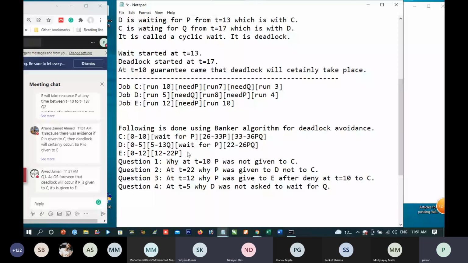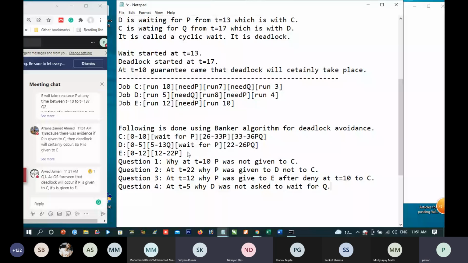Q is free. Why should it be asked to wait? Fine. Then, at time t equal to 10, why was C asked to wait for P even when P was free? Difficult to answer. Now, next question.